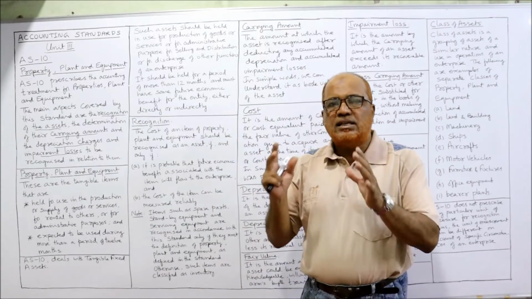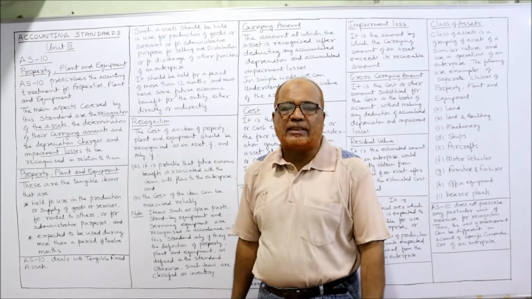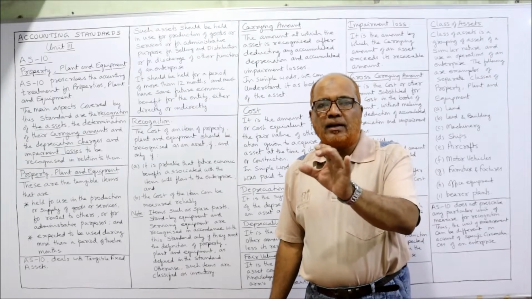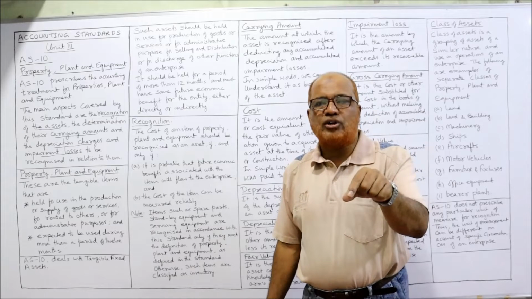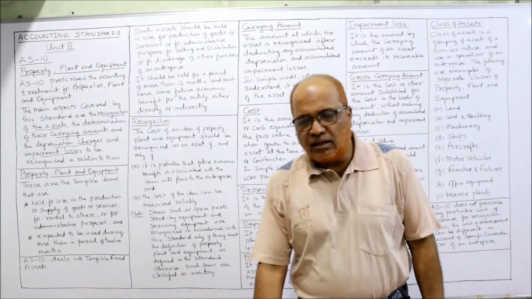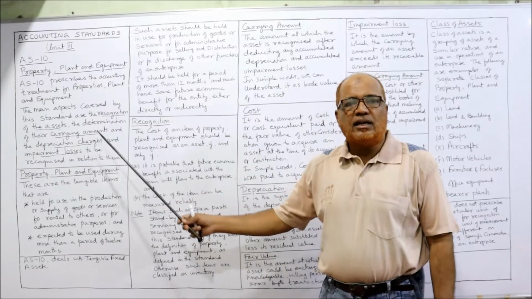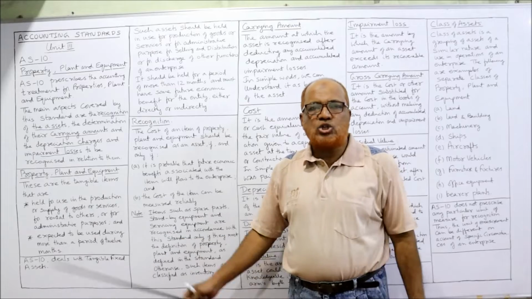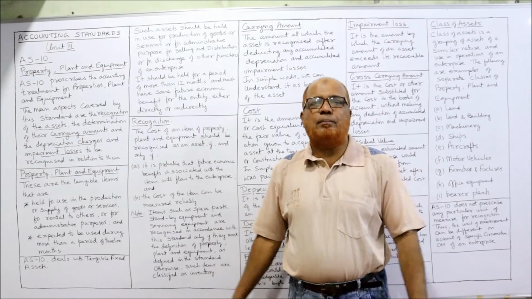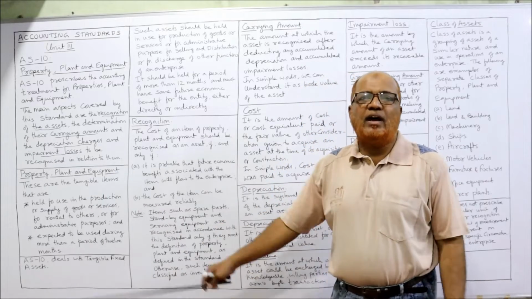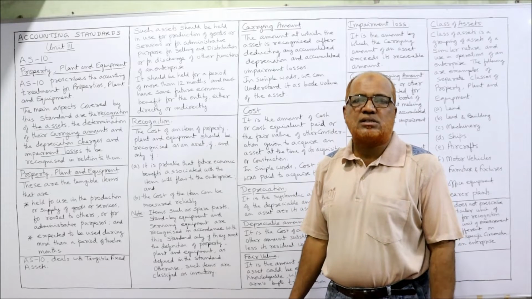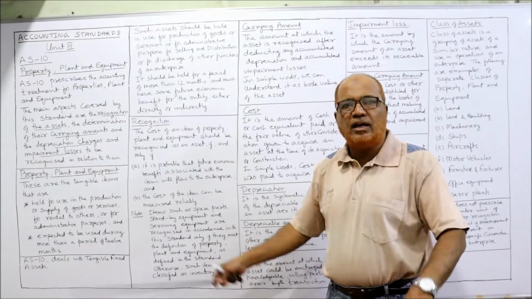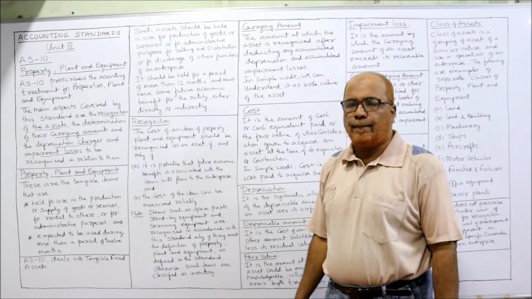The accounting standard 10, property, plant and equipment, deals with accounting treatment of the recognition of the asset, the carrying amount of the asset, the depreciation charge and accumulated depreciation, and any impairment losses. These are the items covered in this accounting standard.